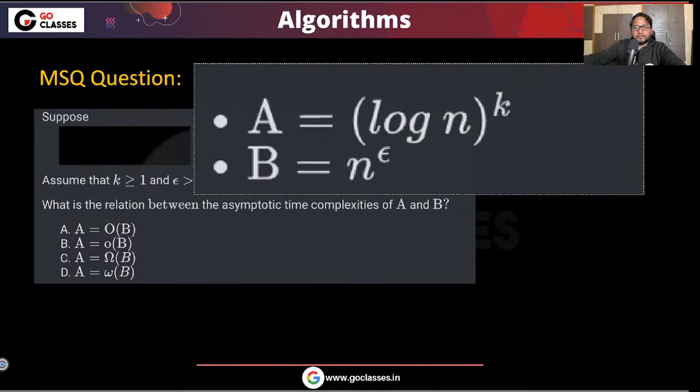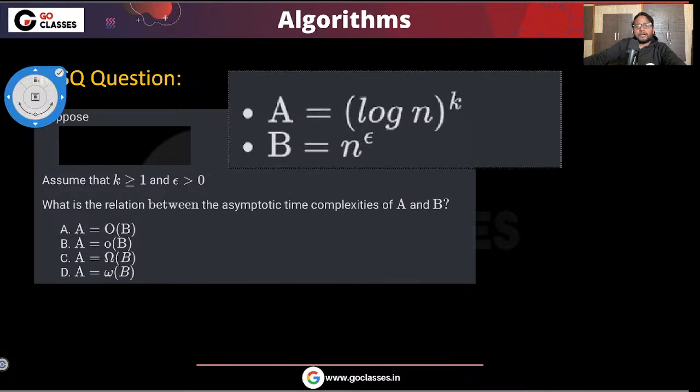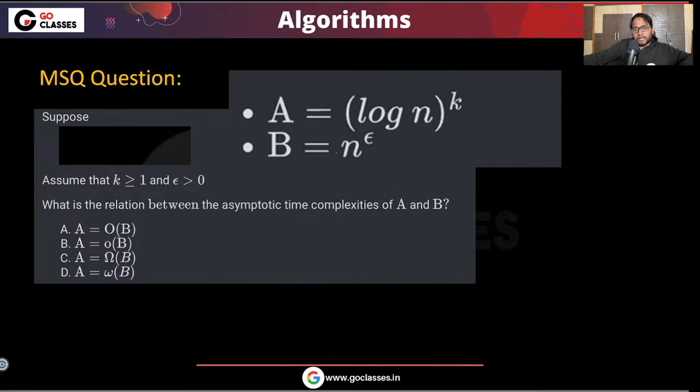See here, this b is actually strictly greater than a, because n power anything is strictly greater than log n power anything. So b is strictly greater, also true. A is strictly greater, no. So A and B are the correct answers here.